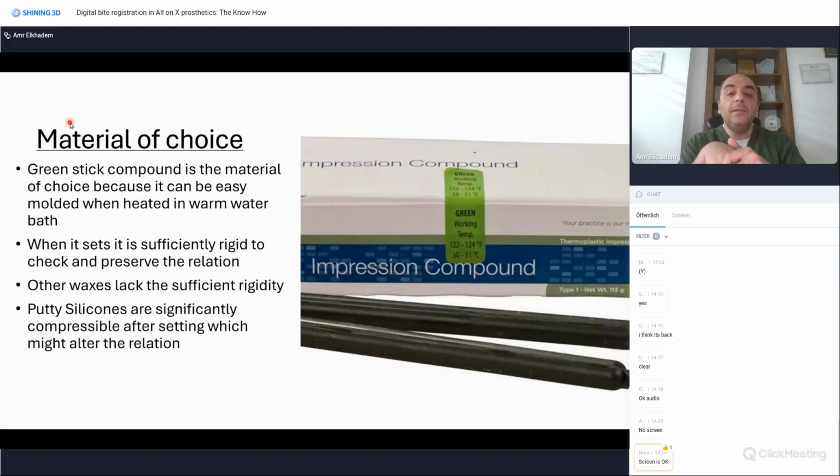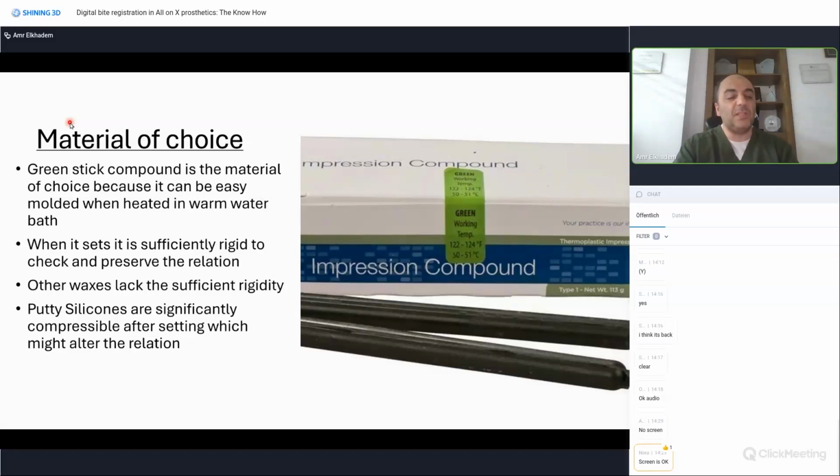Can we use other alternatives? You know, there's something called the Lucia jig or the deprogrammer jig, but probably it's made for patients who have teeth. But because we don't have teeth, the customization of those Lucia jigs is a little bit tricky. So I believe this is the best material to use. If you try to use pink waxes, the pink waxes can be molded easily, but they are not sufficiently rigid.